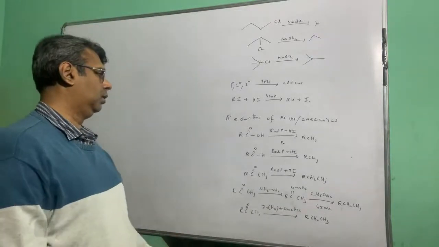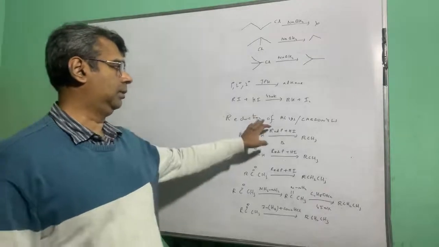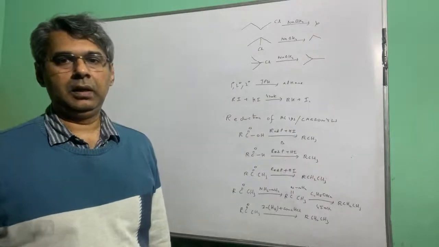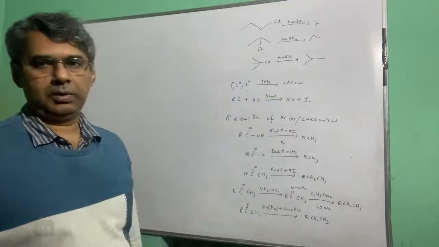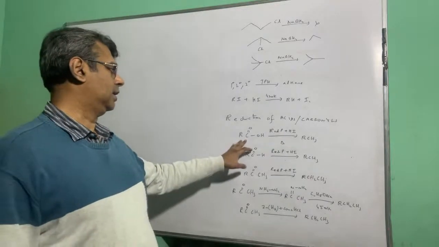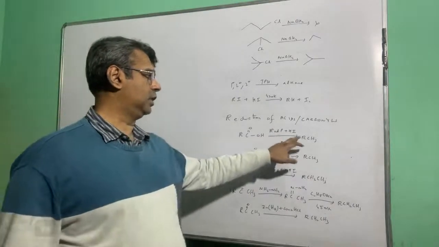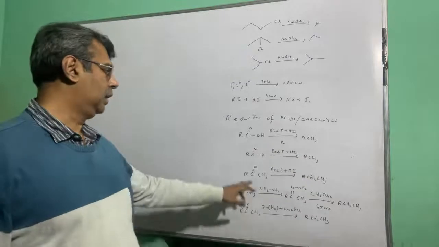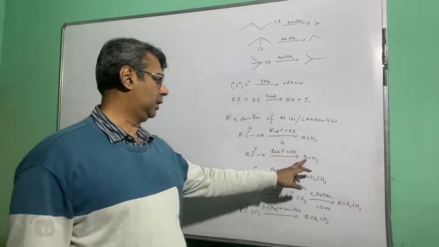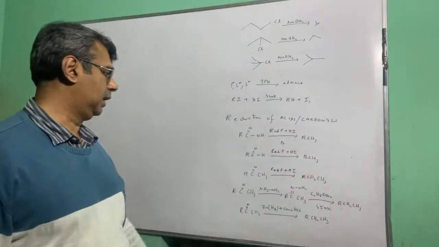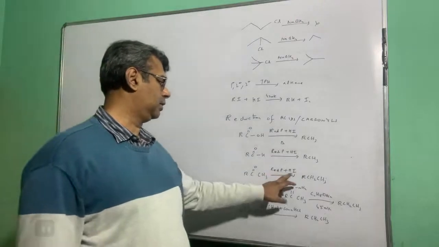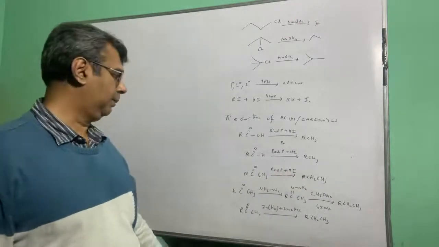Okay, now we come to the method of preparation of alkane from acids and carbonyl compounds. Acid with red phosphorus plus HI will give alkane, aldehyde with red phosphorus plus HI will give alkane, ketone with red phosphorus plus HI will give alkane.